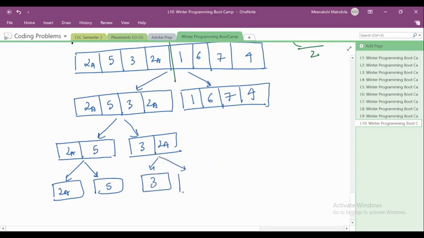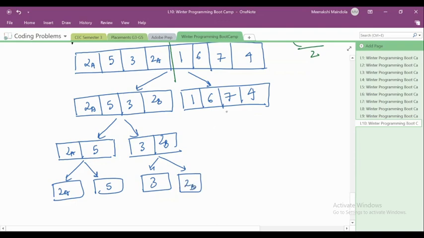Now you have reached a place where you have this. So this was 2a and this was 2b. Sorry about this. This is 2b here.